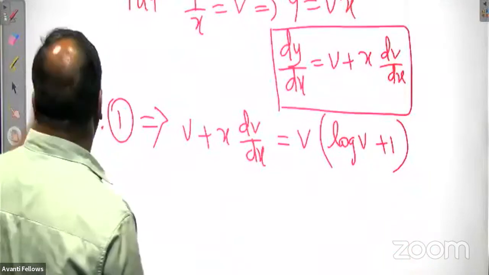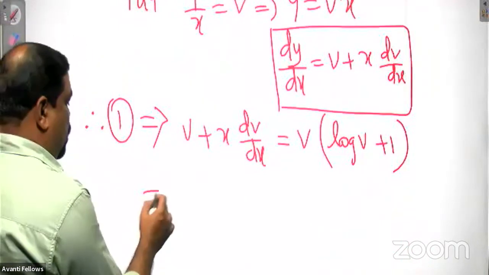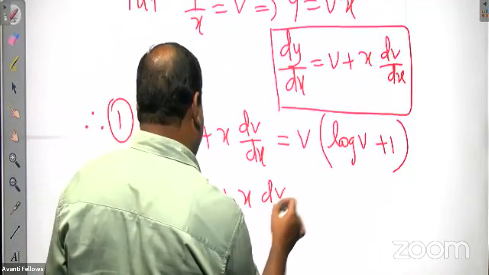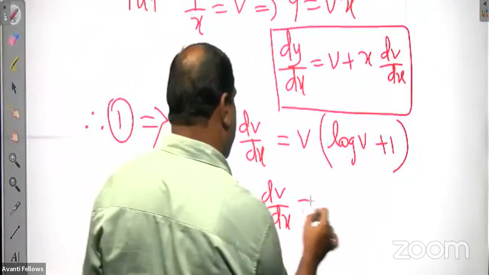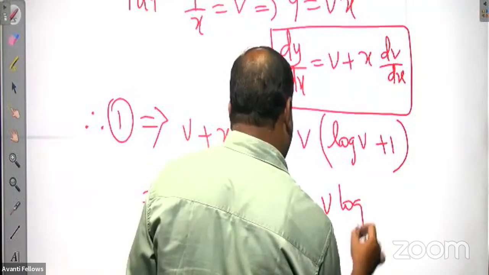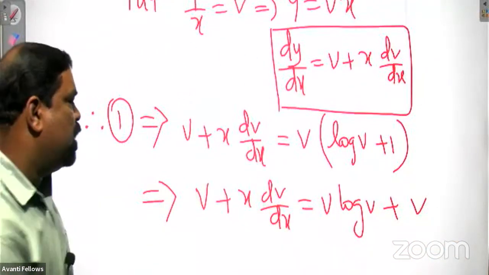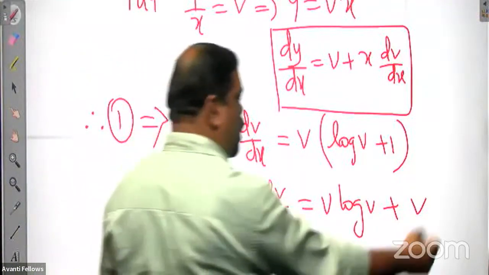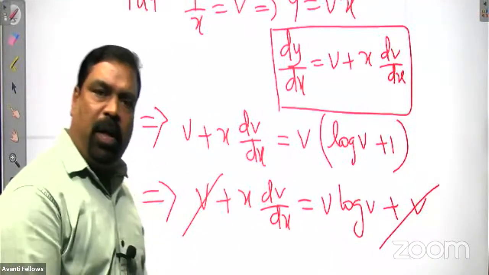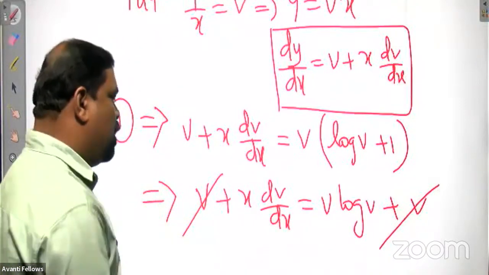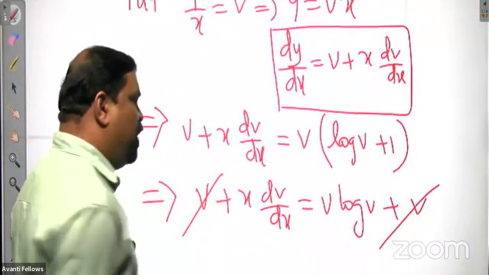That is v plus x dv by dx equal to v log v plus v. Remove the bracket, so that on both sides we can see v. So v and v can be cancelled. Now what is remaining? x dv by dx equal to v log v.